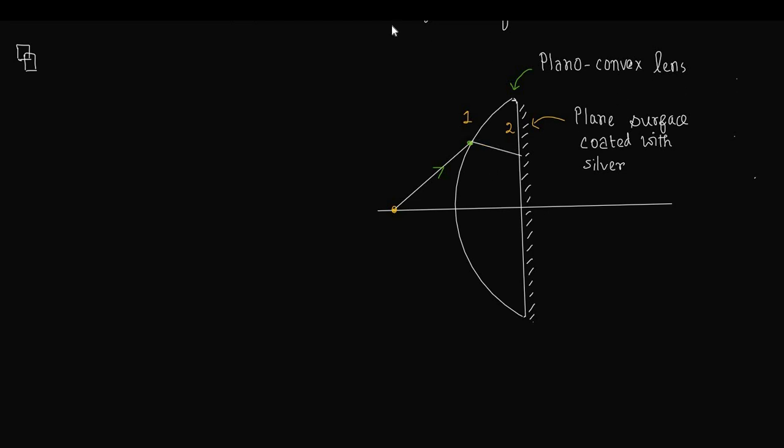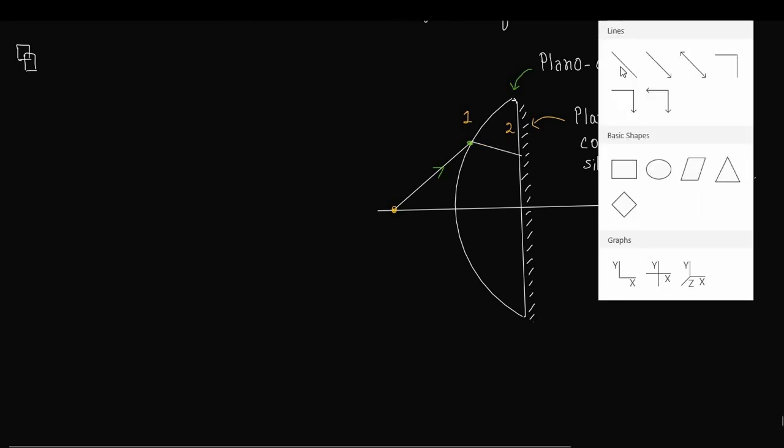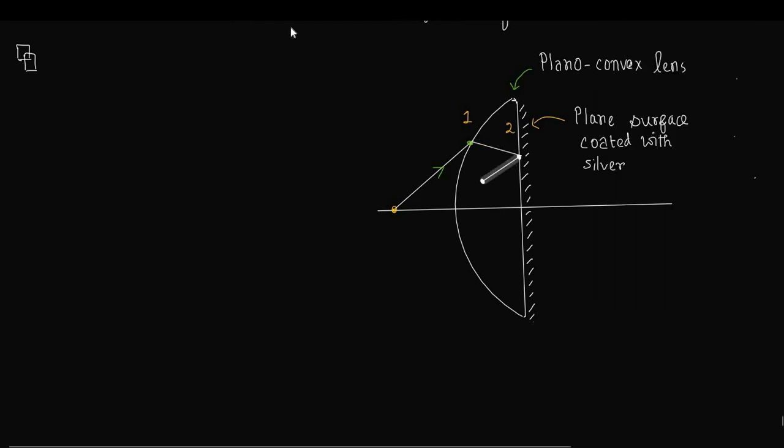It is incident on the plane refracting surface which is coated with silver and behaves as a plane mirror. That's why the refracted ray inside the lens is reflected back along this direction, which is the direction of the reflected ray.